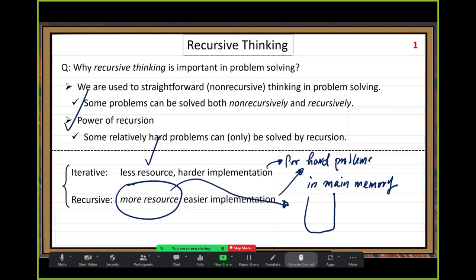We need a special data structure to support recursion. You have learned the stack data structure, you know it, right? First in, last out. Last in, first out.